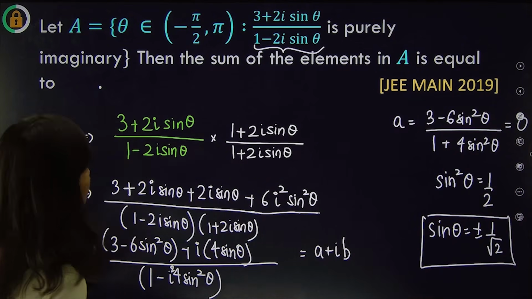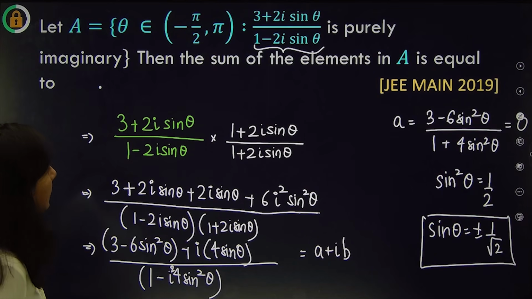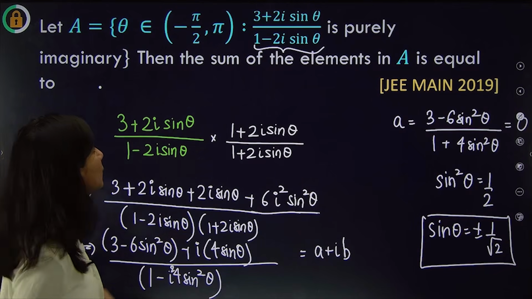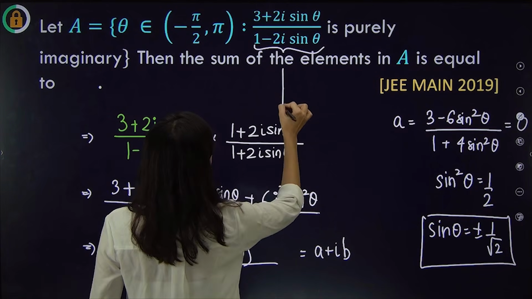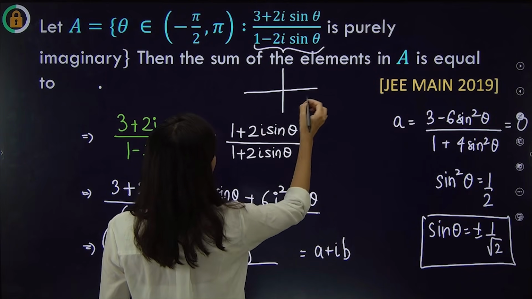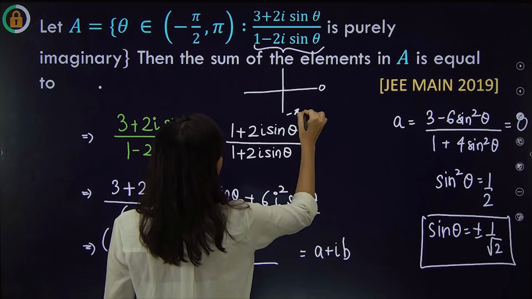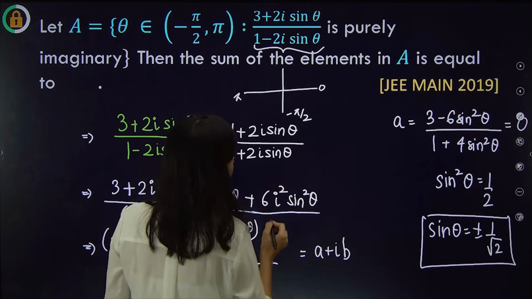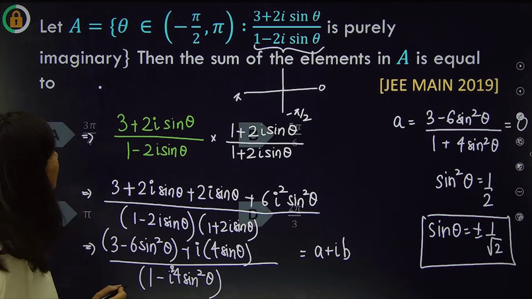Okay. Now, the angle is lying in which range? Minus pi by 2 to pi. This is 0, this is minus pi by 2, and this is pi. Okay, so let's do one thing. Let's plot the graph.